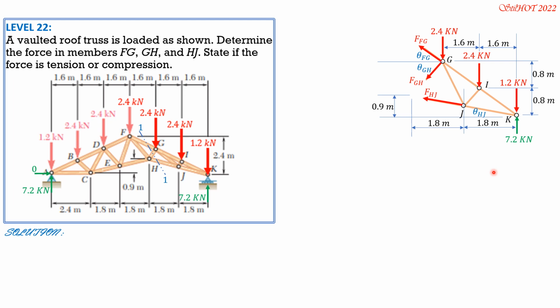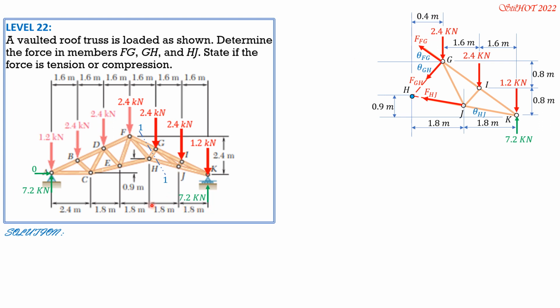Then the intersection between GH and HJ is at H. Call that point H to solve for FFG later. So the horizontal distance between G and H, if you look at the figure here, is 1.8 times 2, 3.6, minus 3.2, 1.6 times 2, so that's 0.4.